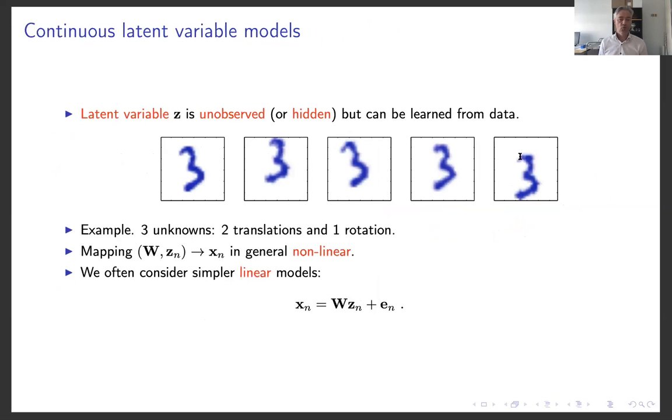Yes, so if you think about latent variable models, we already talked about MNIST, the latent variable could be interpreted as, for example, the writing style or the thickness of the pen or what digit we have, between 0 and 9, but it could also represent other degrees of freedom, such as translation and rotation.